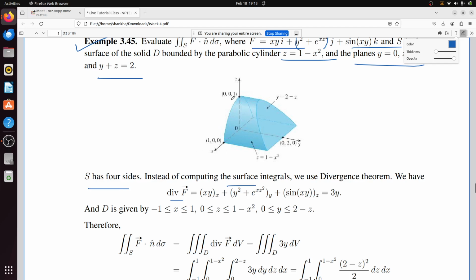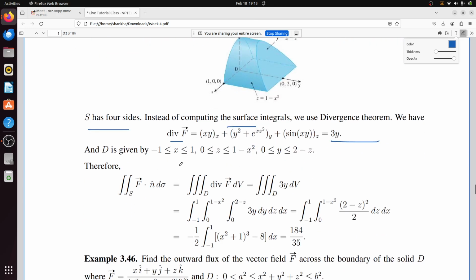So you can imagine how tough it will be for you. But if you know the divergence theorem, it is very easy for you. Take the first derivative of xy with respect to x, y square plus e to power x z square with respect to y, plus sin xy with respect to z. So the divergence is just 3y, and D is given.